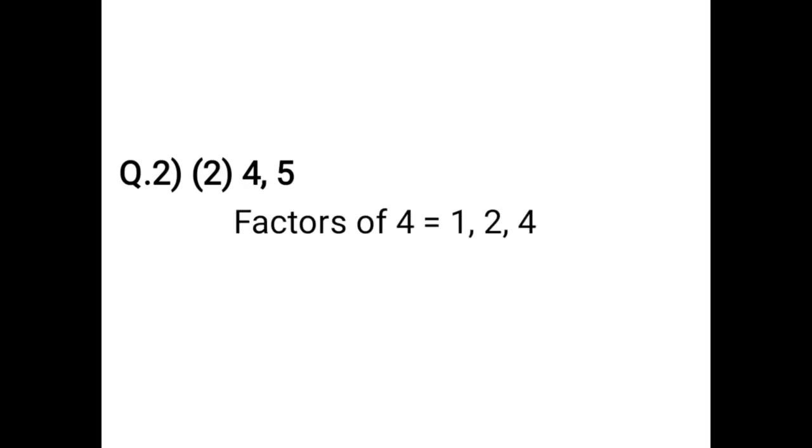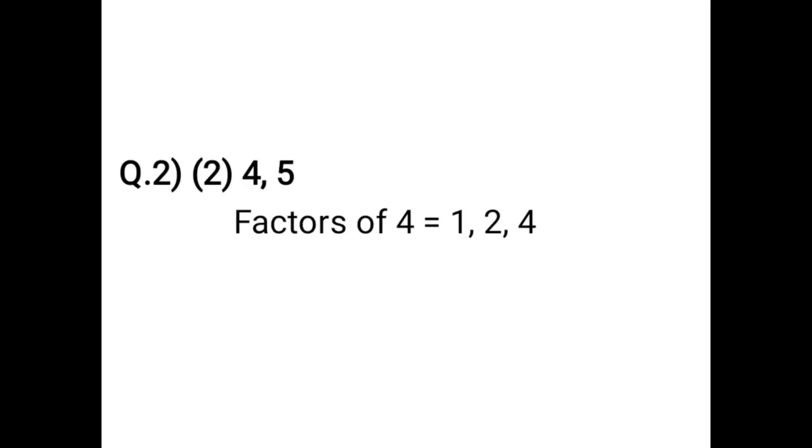Factors of 4 is equal to 1, 2, 4. Number 4 is divisible by 1, 2 and 4. 1 four is 4, 2 twos are 4, 4 ones are 4. When you write any factors, you have to start writing from the 1 table.